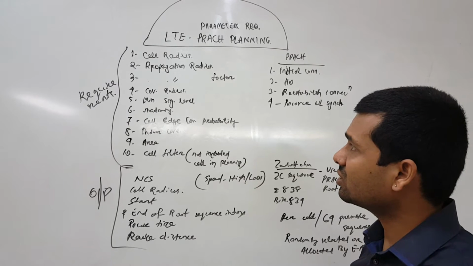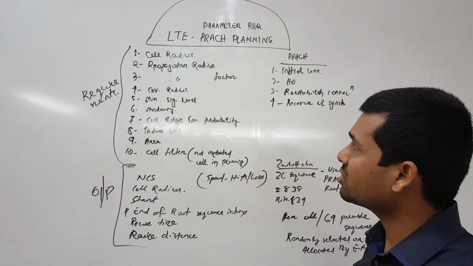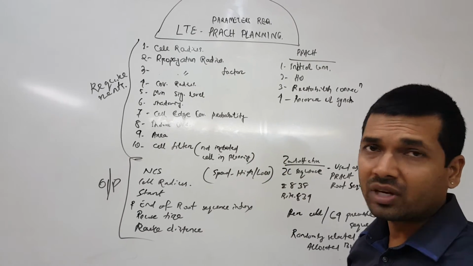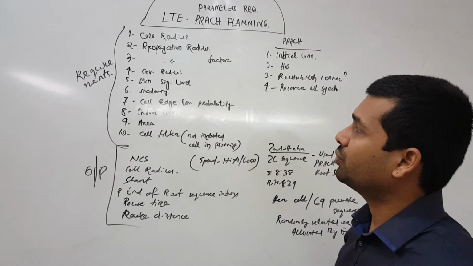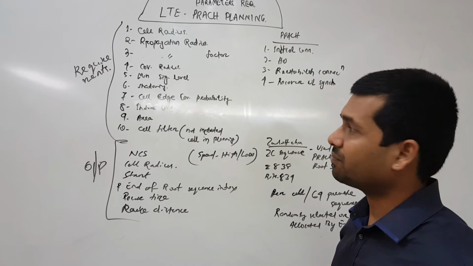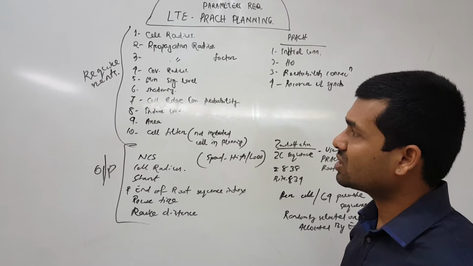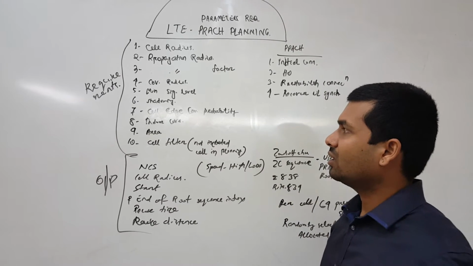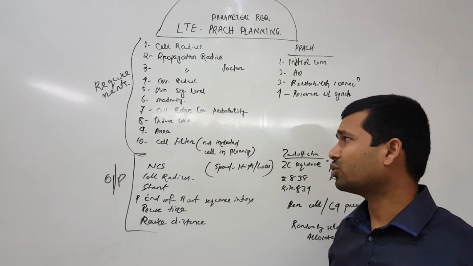Shadowing we have to consider, and if we don't want to consider, that is okay, we may not consider this point. Cell edge coverage probability we have to consider. Indoor coverage, and we have to consider the area, which area we are going to plan this PRACH. Cell filter is important.